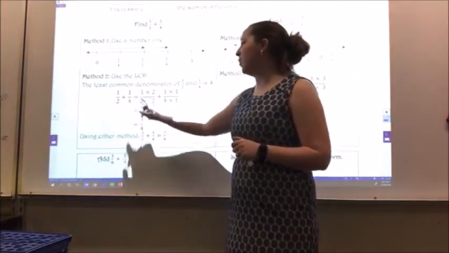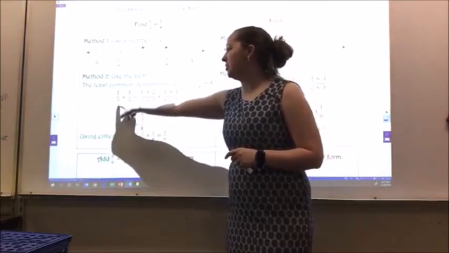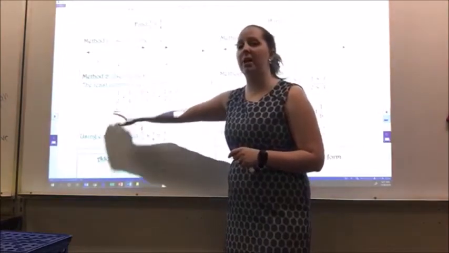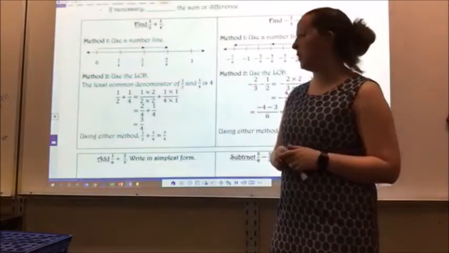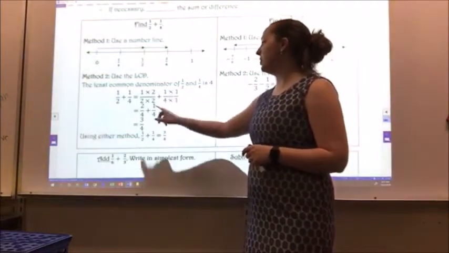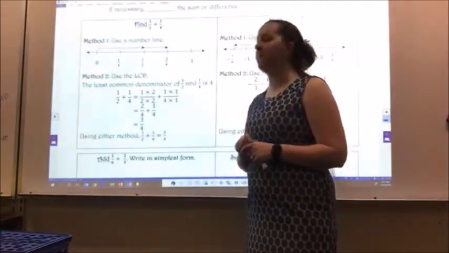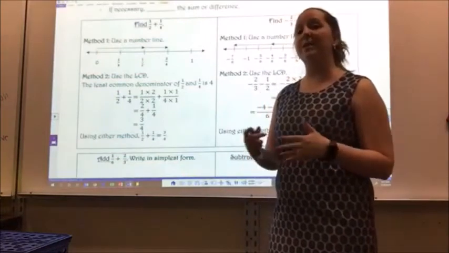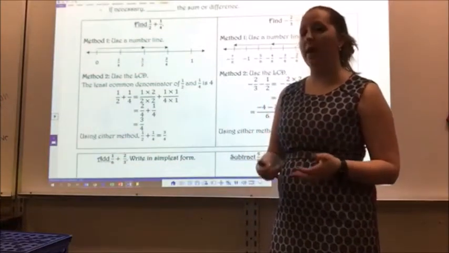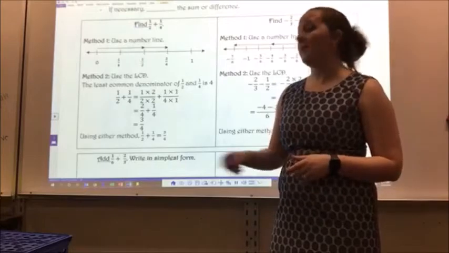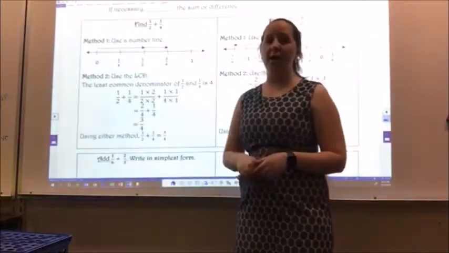So for 1/2 plus 1/4, I multiply 2 times 2, and whatever I do to the denominator, I also have to do to the numerator. So 1 times 2 gives me 2, and 2 times 2 gives me 4. 2/4, you can notice, is an equivalent fraction to 1/2. If I simplified 2/4, I would get 1/2. That's the idea.